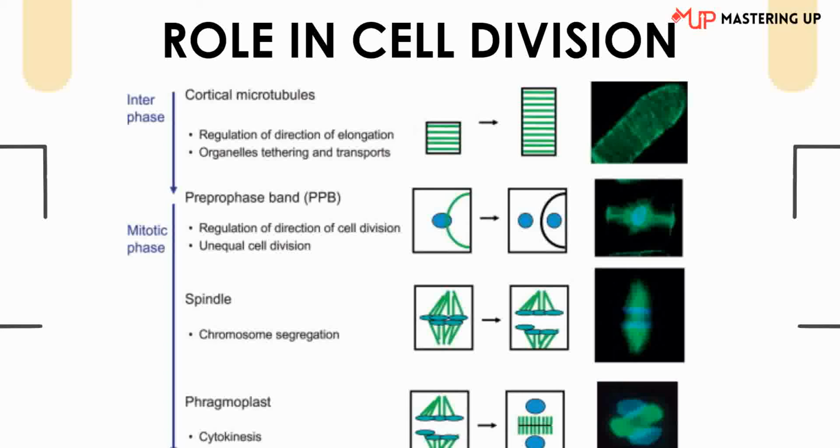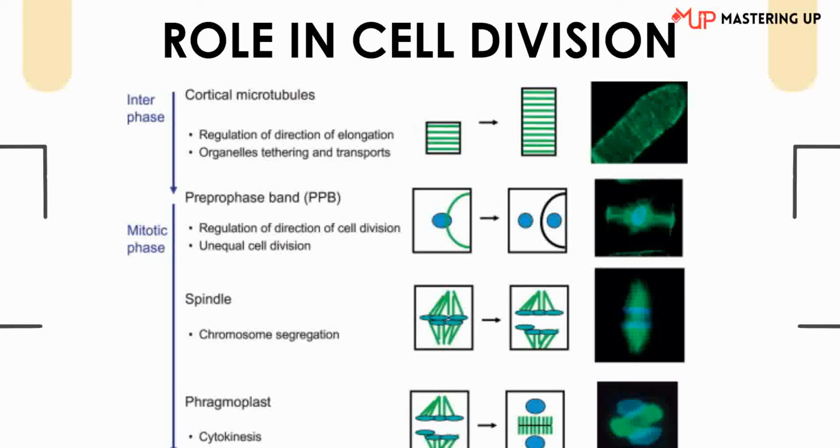In case of unequal division, as seen in asymmetrical division, the PPB establishes the axis of division. The disappearance of the pre-prophase band before metaphase doesn't disrupt its positional cue for division.